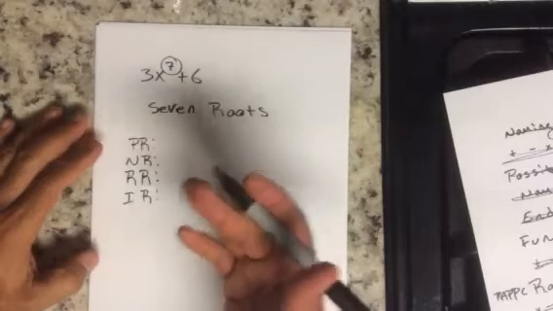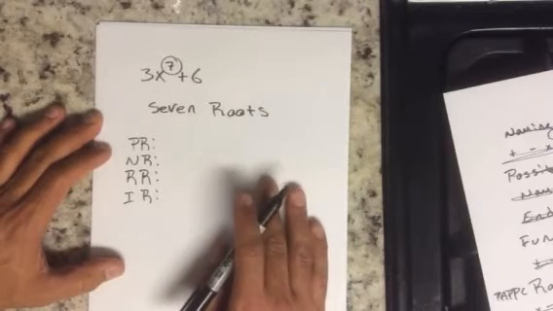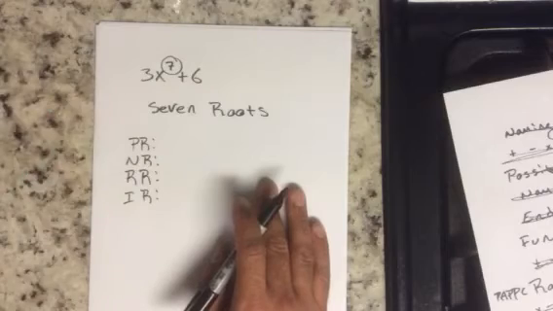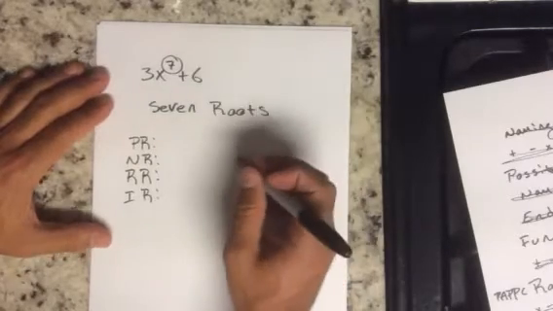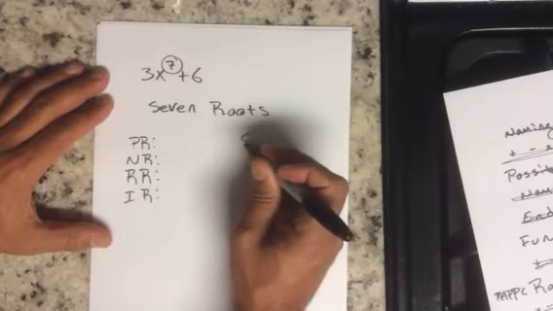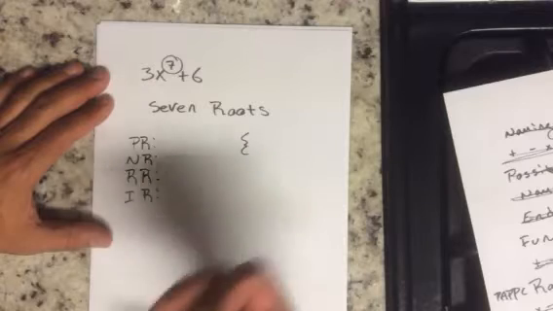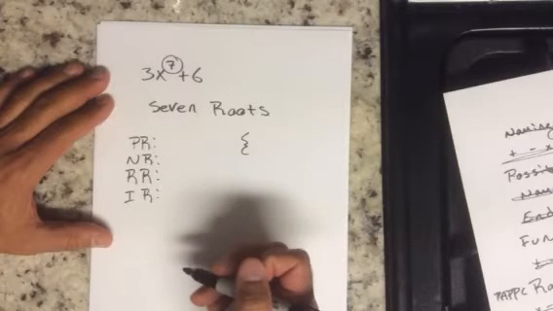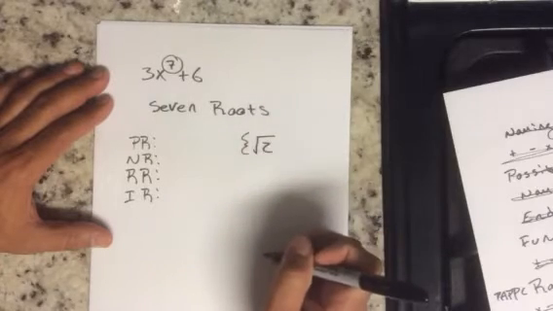Now roots are what it actually equals. I don't think I really made that clear yesterday because I just wanted to find the number of possibles. Roots are what it equals, in other words, my solution set. So like on this one, let's say that I get the square root of 2 as a solution. That's a root.